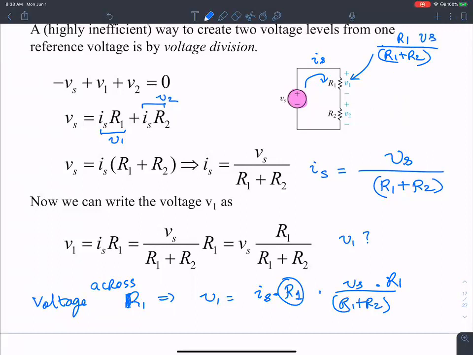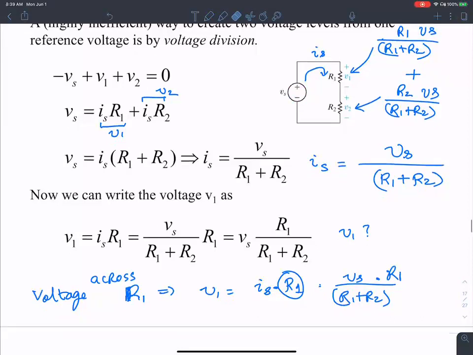By the same analogy, this voltage here would be R2 over R1 plus R2 times Vs. So the resistance R2 times the total voltage over the total resistance. That's the idea. So add them up. What do you have? R1 plus R2 over R1 plus R2 times Vs. The numerator and the denominator cancel, and you're left with Vs. You get back your Vs, which is applied.